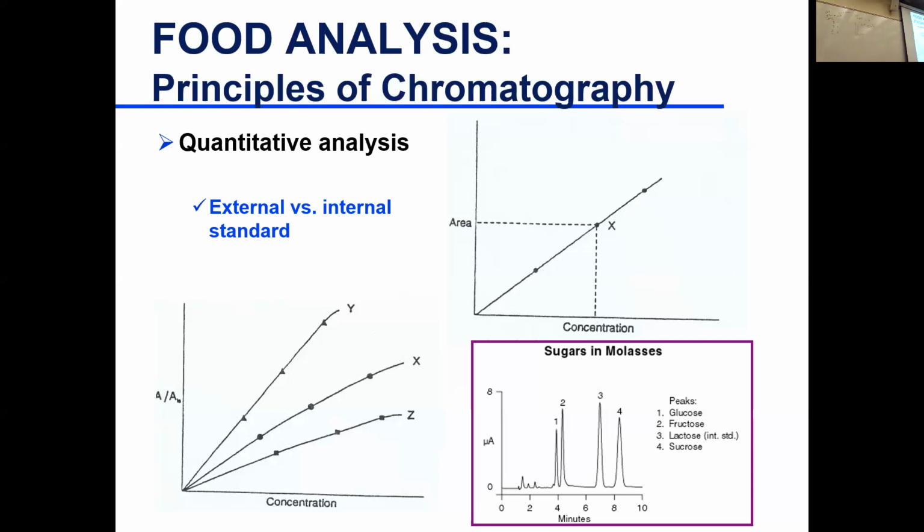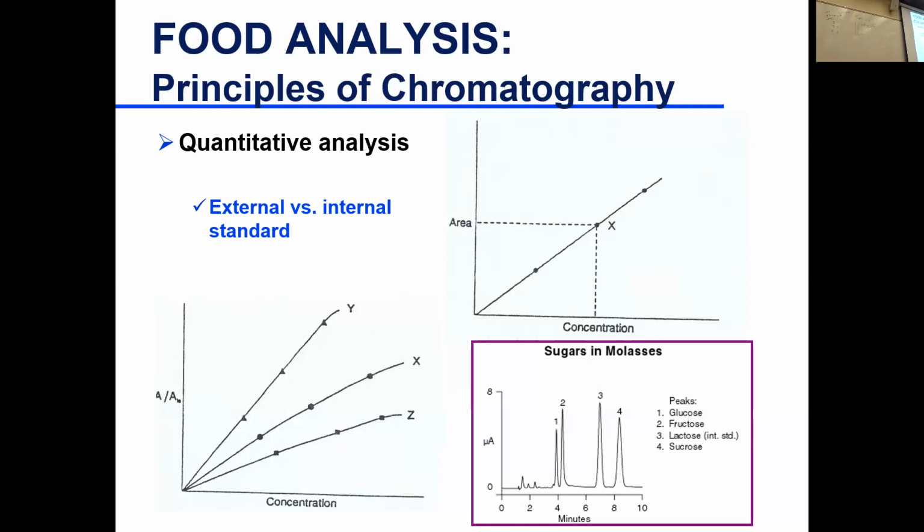You get your equation of the line, and then this is your sample. You want to determine how much glucose you have in your sample. You take the area of peak 1, you divide it by the area of peak 3, your internal standard. That will be your y. You put it in the equation of the line, and you get the x, which is the concentration of glucose.